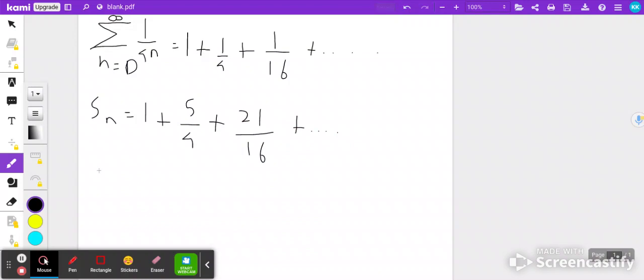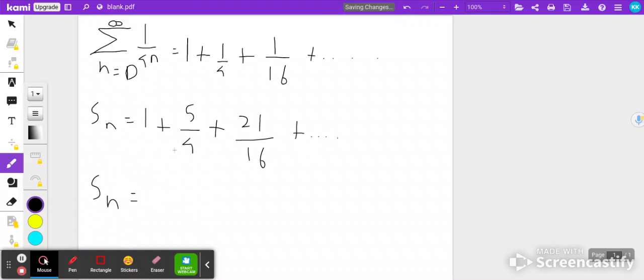For geometric series there's a neat formula for the partial sum: a1, which is the first term, 1 here, times 1 minus r, the common ratio, here 1/4, to the power of n, over 1 minus r.